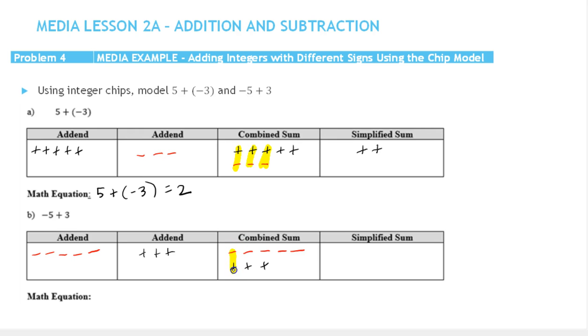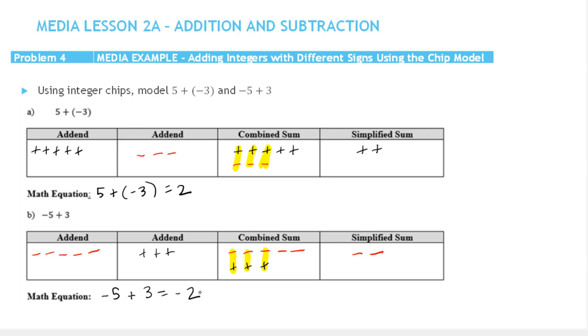So here's 1 pair cancels, 2, and 3. And our simplified sum is just the 2 negative chips. So our math equation will be -5 plus 3 gives a result of -2.